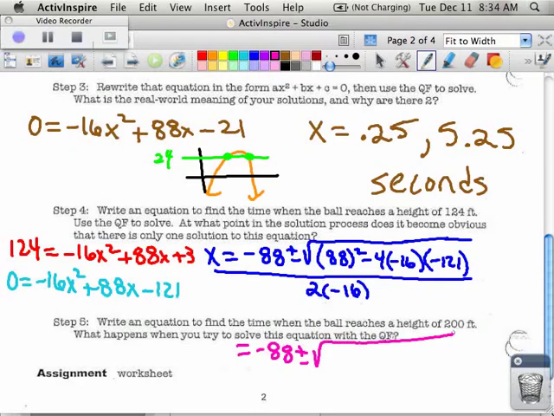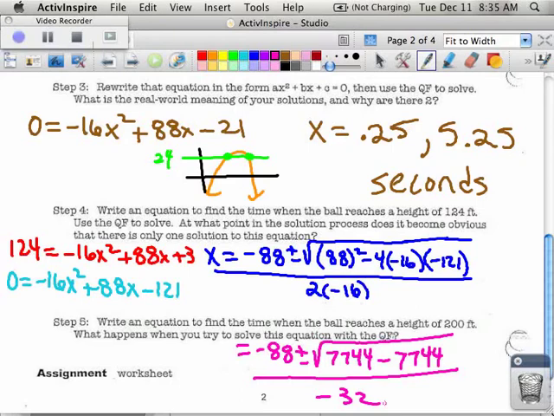It'll be a ridiculous number, I'm sure. 7,744 minus 4 times 16, which is 64, times negative 121, which is, surprise, surprise, 7744. And that's all over negative 32.